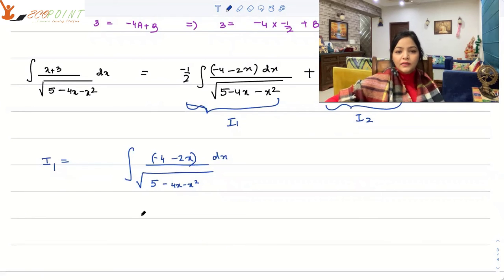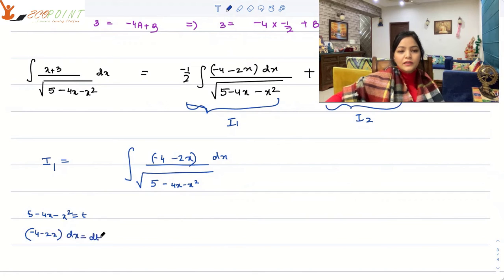Now clearly we can take 5 minus 4x minus x square as t. So minus 4 minus 2x dx is equal to dt.